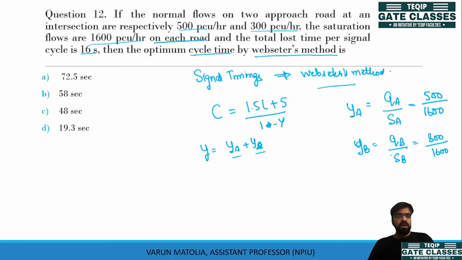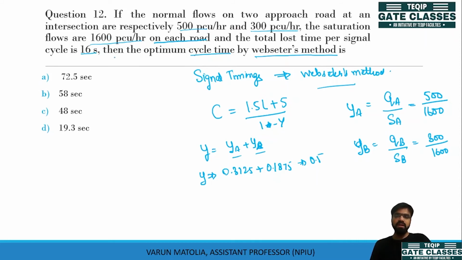Okay, so let us calculate YA and YB, and let us write the value of Y. YA is 0.3125 plus 0.1875. If you add these, you will find 0.5. Let us write 0.5.